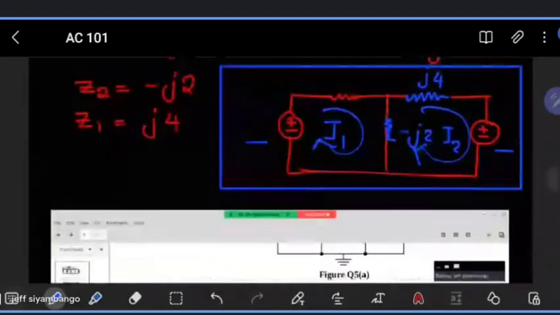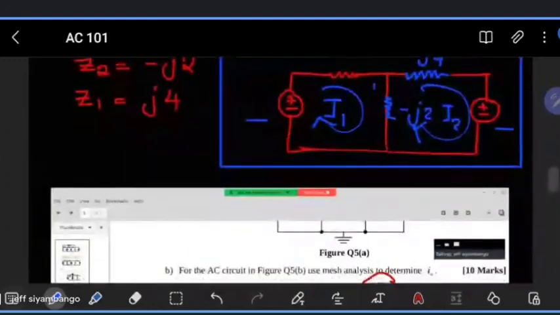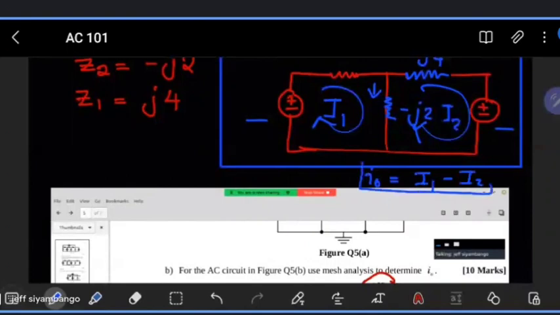Of course, to find it, since IO is the current coming this side, by mesh analysis, that current IO has to be equal to I1, which is in the same direction with it. So it will be equal to mesh current I1, minus mesh current I2. So if you can find the mesh currents I1 and I2, then this is what is going to give you your IO.